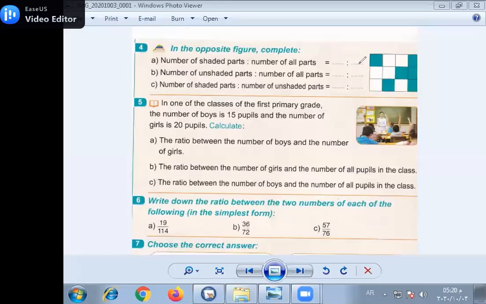Is this ratio in the simplest form? Amal, is this ratio in the simplest form? Okay, Lana. Okay, Ruqayya raised her hand. Go ahead, Ruqayya.